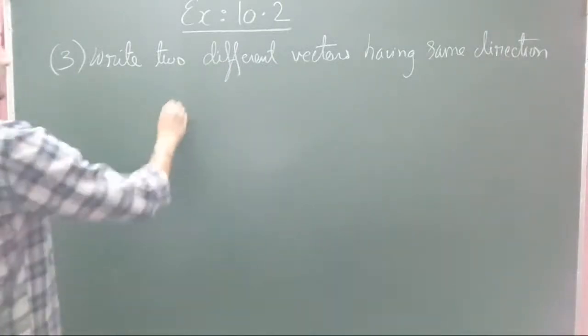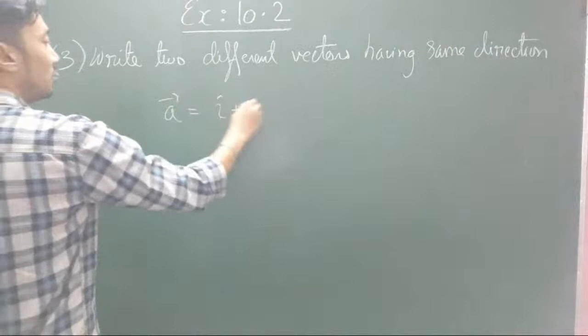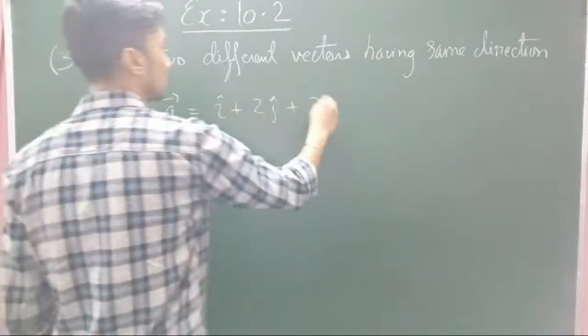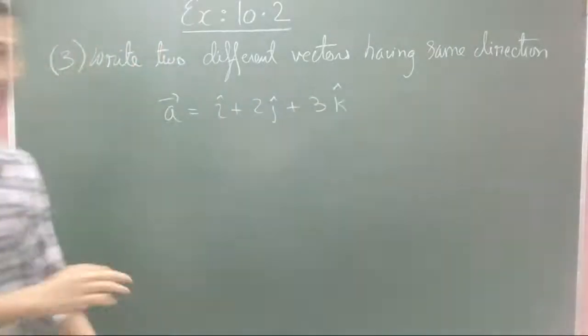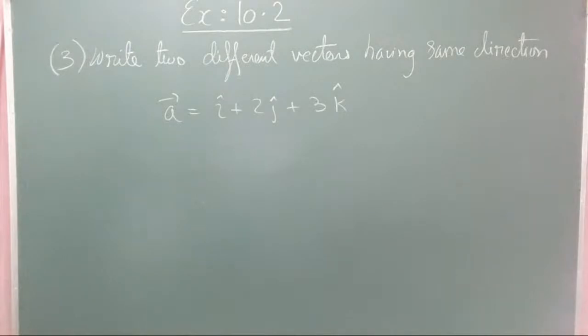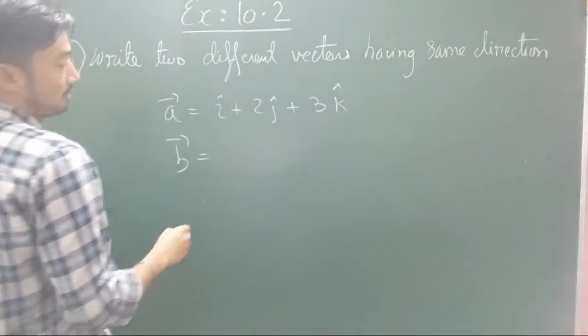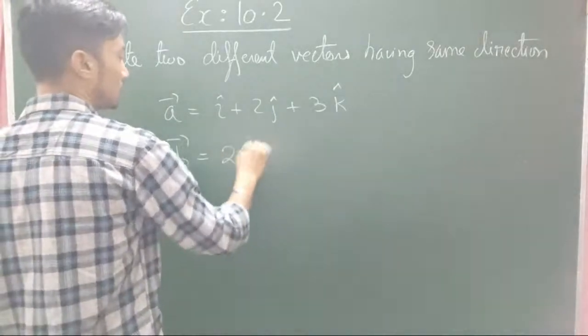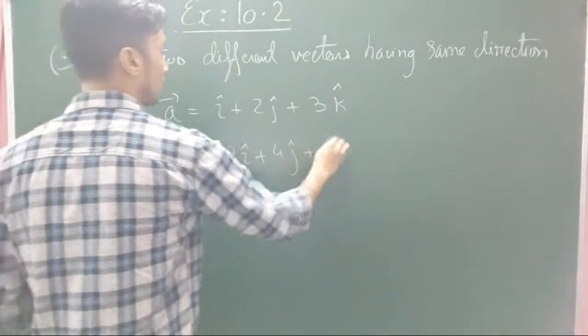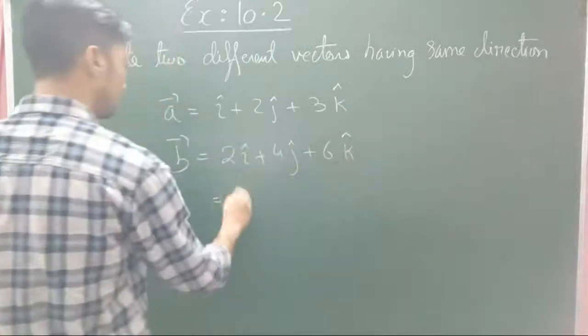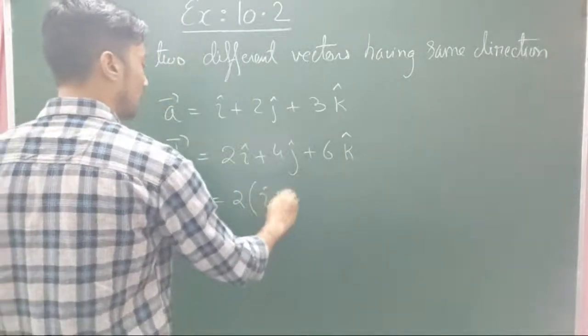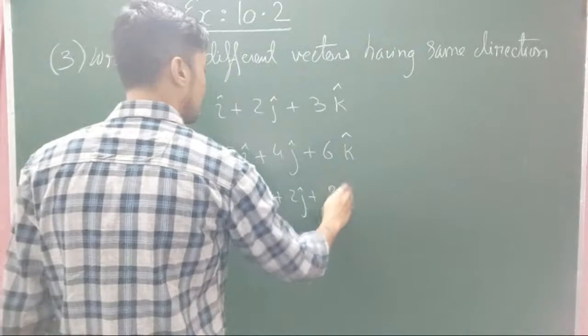Of course, you can just write A as i plus 2j plus 3k. This is one vector. You can start off with any vector. Then vector B, you can just write multiplied by 2: 2i plus 4j plus 6k, because this will be 2 times of i plus 2j plus 3k.